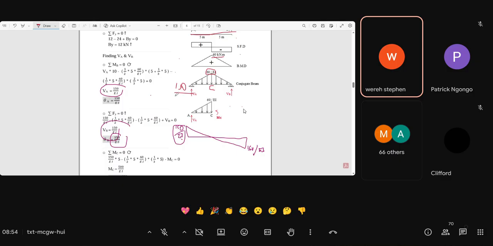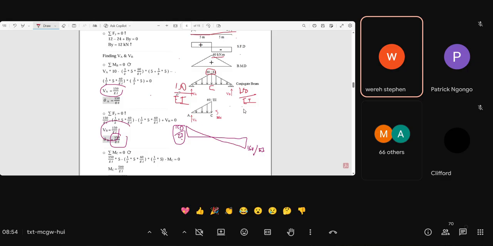150 over EI. Over EI, yeah? VC, shear force at C is still 150 over EI. So you can see how simple it is to find the moment at point C. You can either look on your left or look on your right. Okay?